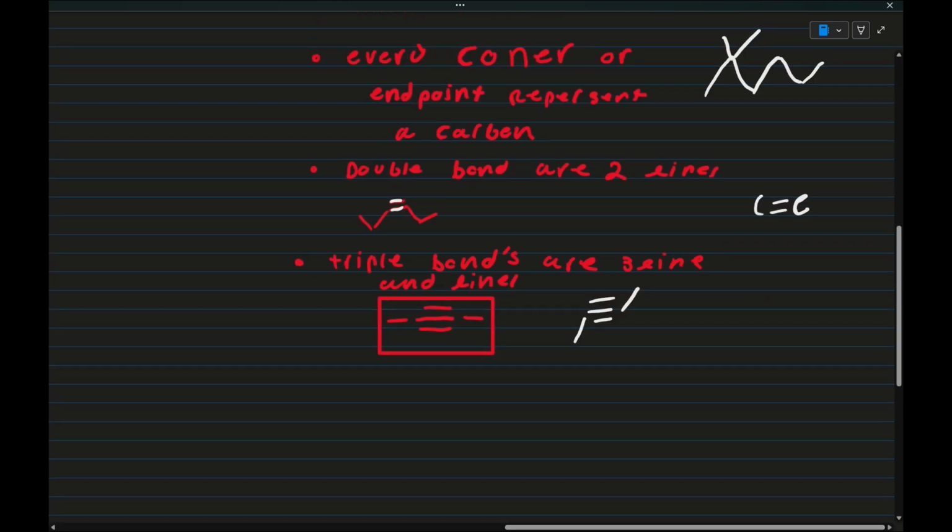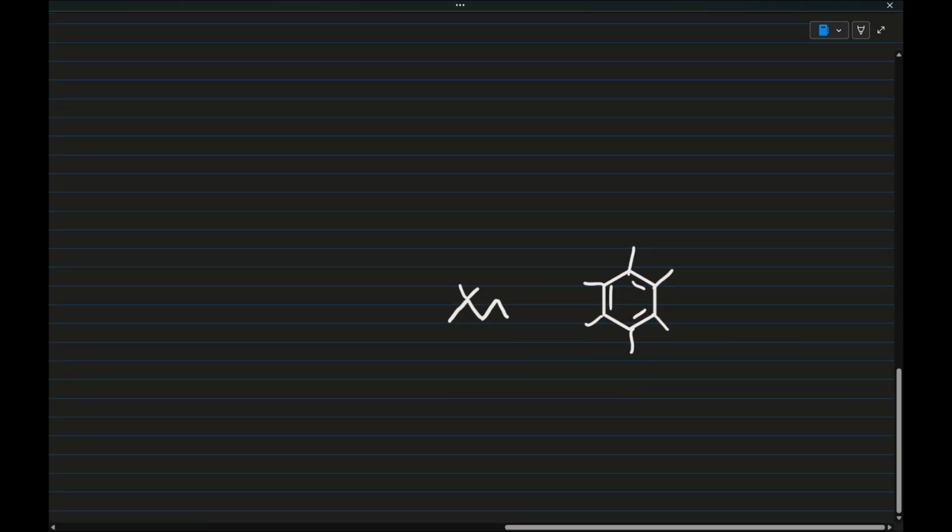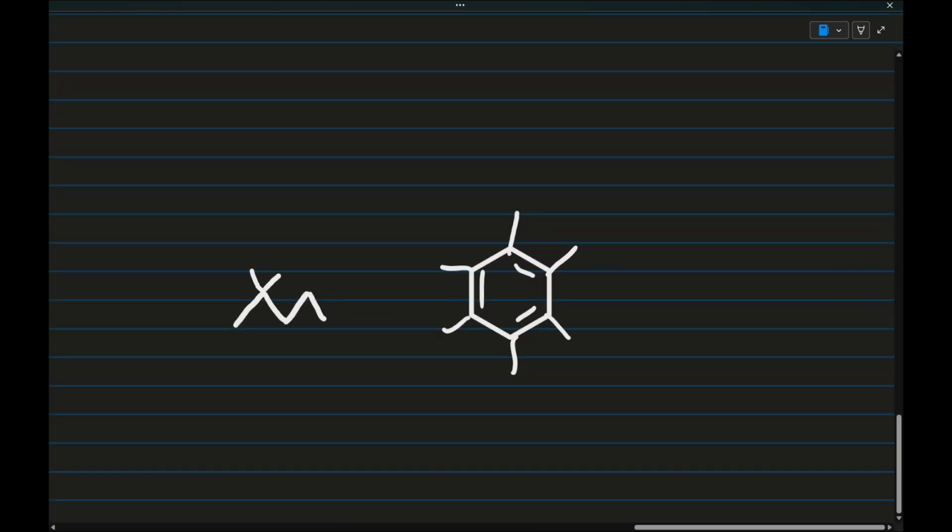Another fundamental part about reading bond line structures is really knowing how many carbon and hydrogen atoms are present. So for example, if I were to give you these 2 structures, would you be able to tell me how many carbons and how many hydrogens they have?